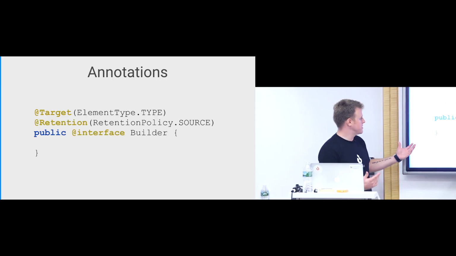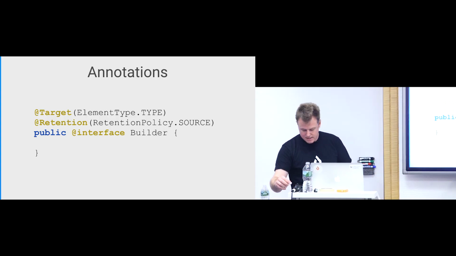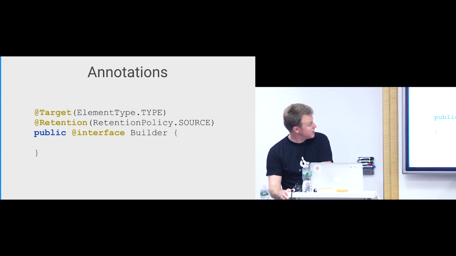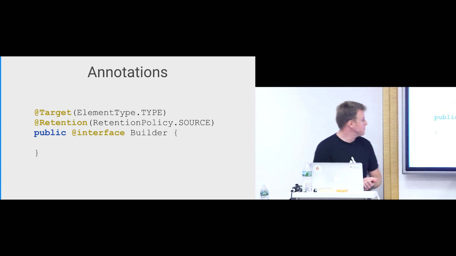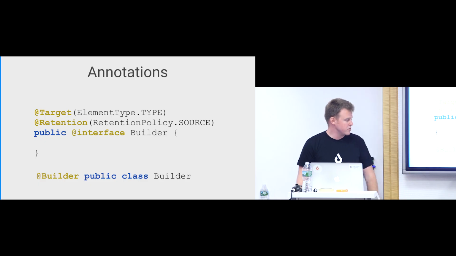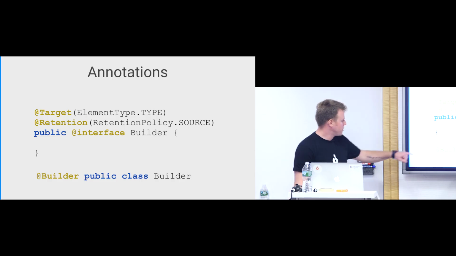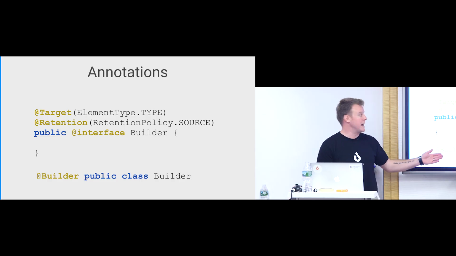So this is our entire Builder annotation. Anyway, you can see this is how we're going to use it. I've actually got the class name wrong there. That should be User. But we put the Builder annotation on our class.